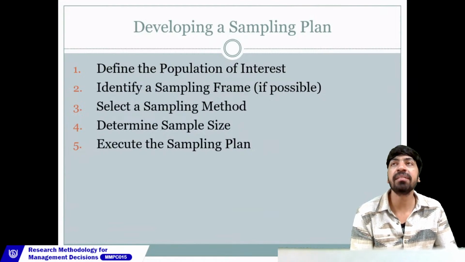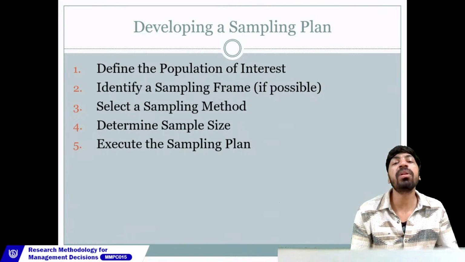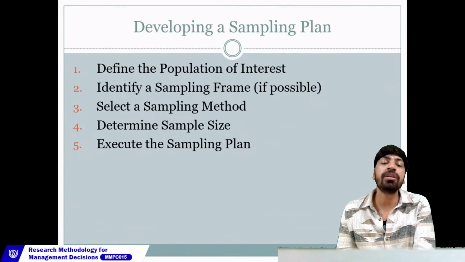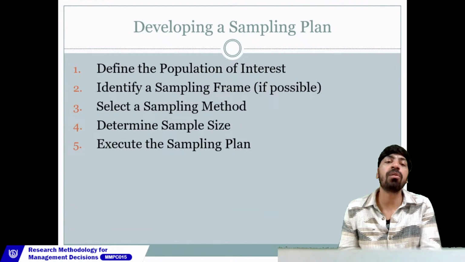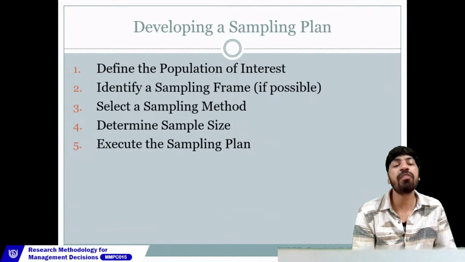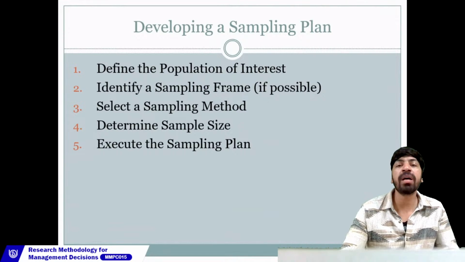Fourth one is determine a sample size. Sample size is that particular value from which a researcher is willing to collect the data. And the next one is execute or follow up the sampling plan. So let's go through it step by step.